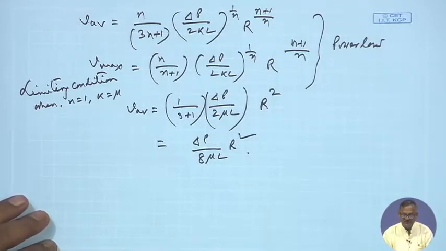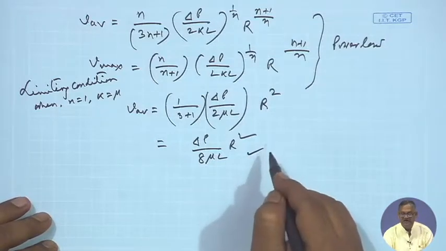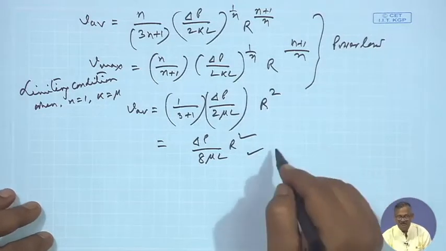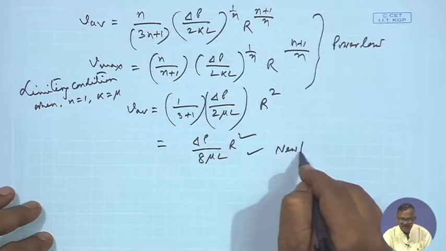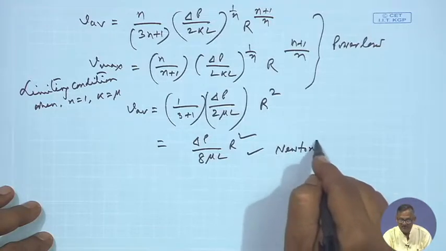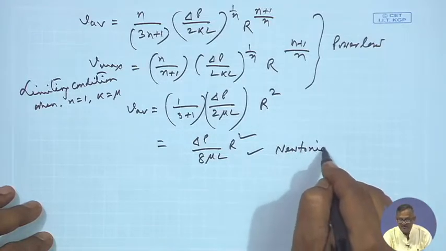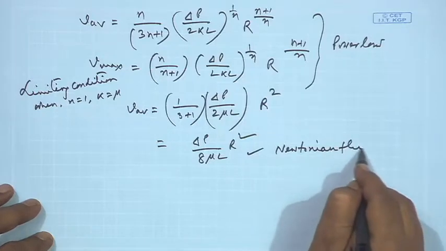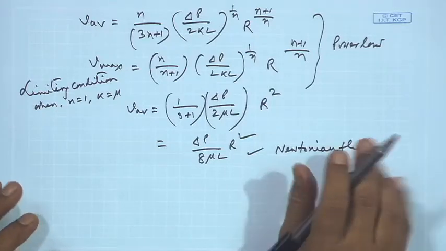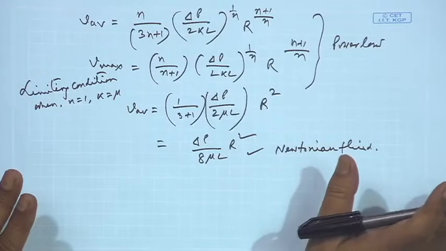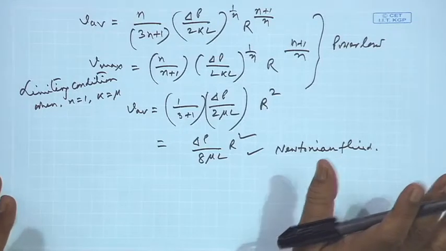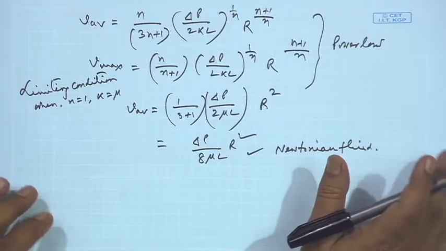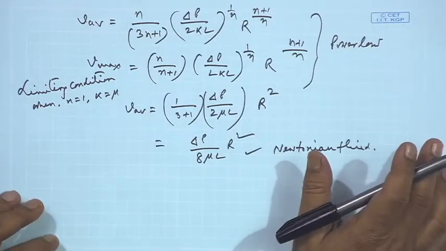If you see, this is the same as that of the Newtonian fluid. So, this is true for Newtonian fluid, right. That means the thing which we have derived is correct, because it has the same value when we put the limiting condition, right.